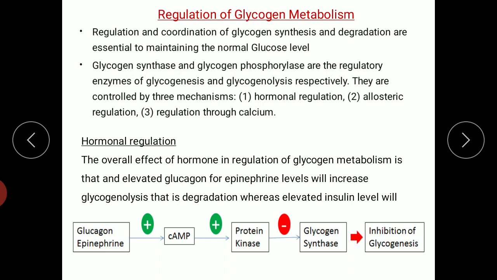The cyclic AMP will activate protein kinase. When protein kinase is activated, glycogen synthase is inhibited. When this enzyme is inhibited, glycogenesis is also inhibited.